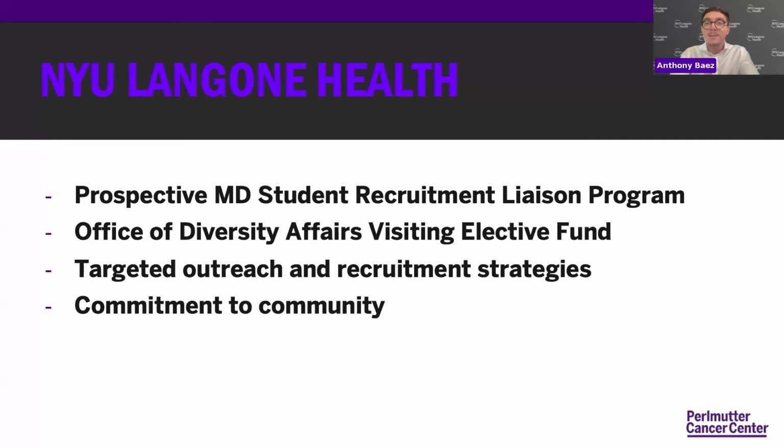For example, there's a liaison program in order to help prospective medical students by teaming them up with a faculty of underrepresented minorities. There's also multiple different funds available in order to help with outreach and recruitment. And then there's also targeted outreach and recruitment in the larger faculty, and also a strong commitment to the community.